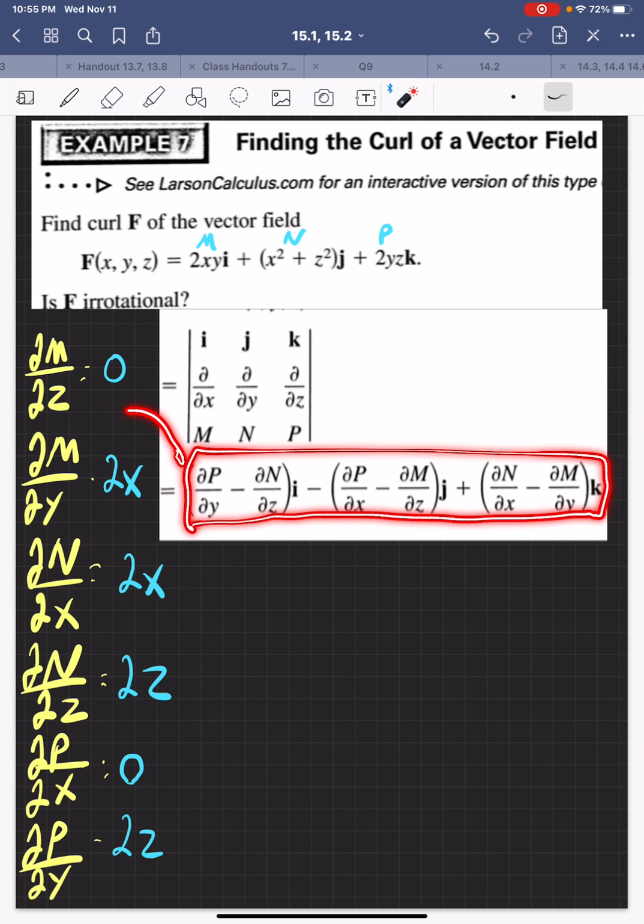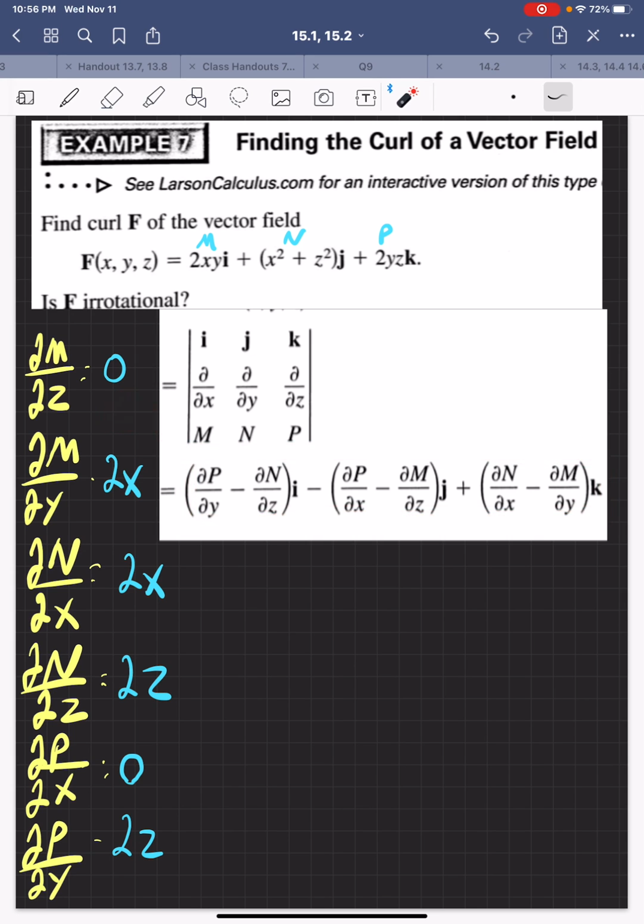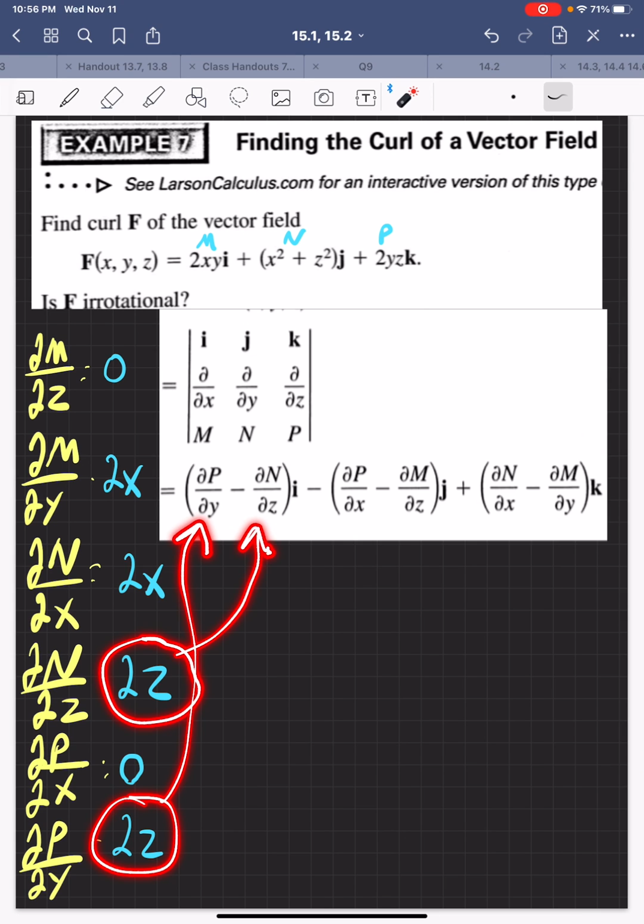I've already taken all of the partials that I need. And from here, what I'm going to be doing is just plugging them in. So the partial of P with respect to Y is going to be plugged in here. The partial of N with respect to Z is going to be plugged in here. So I'm just going to be plugging in.